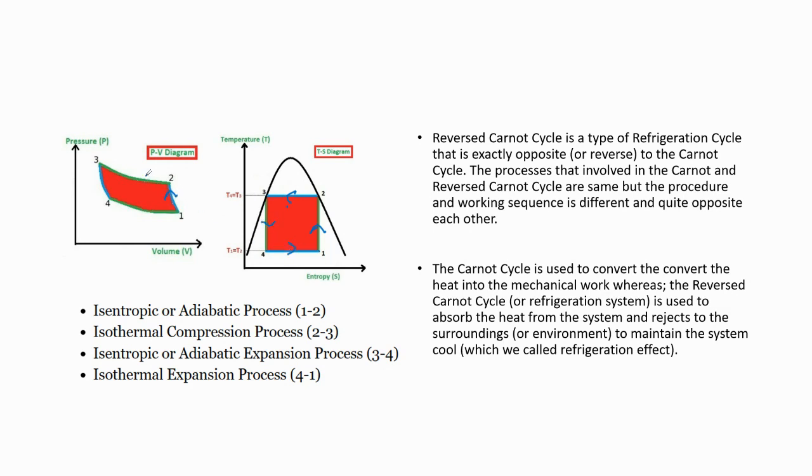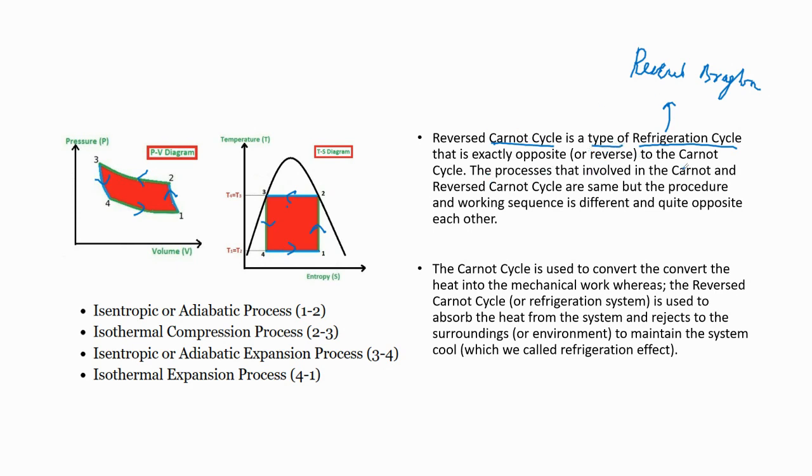Okay, so by just reversing the order, we can get a reverse Carnot cycle. So reverse Carnot cycle is a type of refrigeration cycle. We have different cycles in refrigeration, like the reversed Brayton cycle, and this is a type of refrigeration cycle.